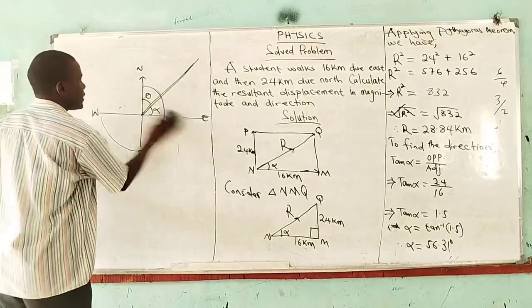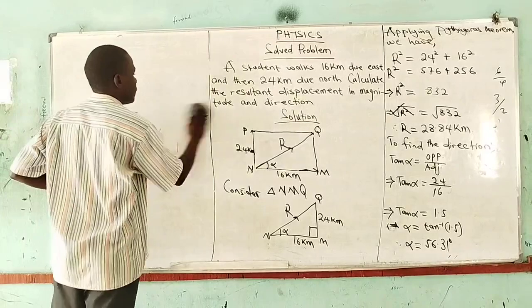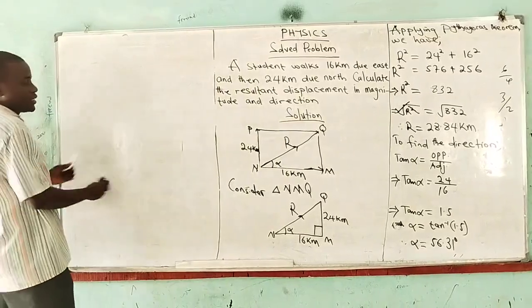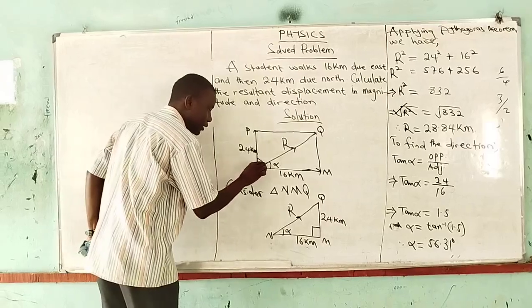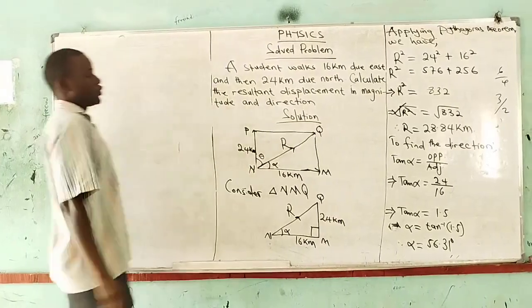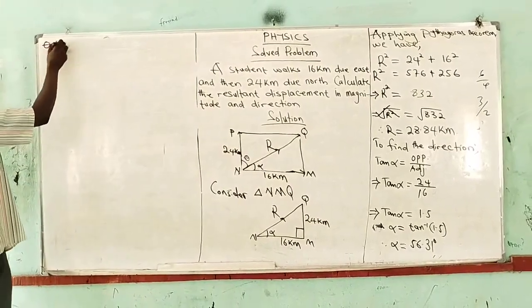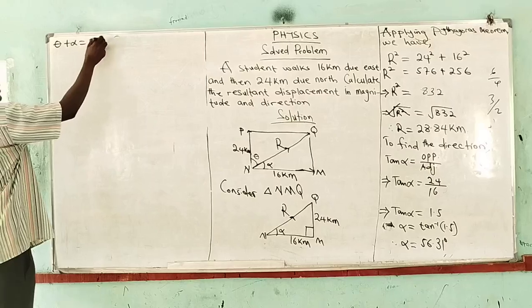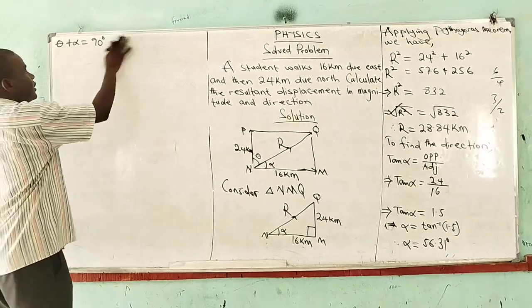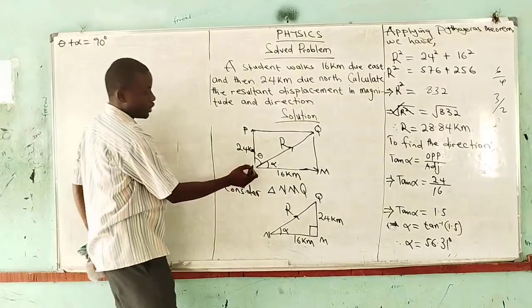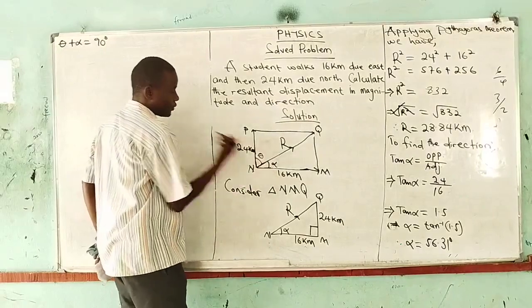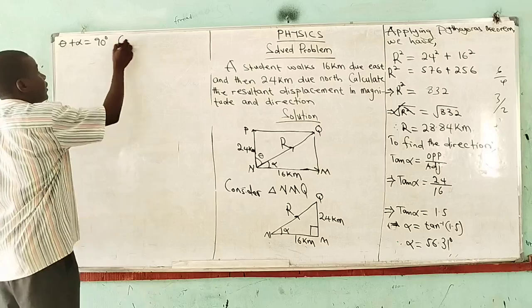So how can we find this angle? Okay, let me call this one theta. Remember, theta plus alpha is 90 degrees, as you can see, this is a right angle.